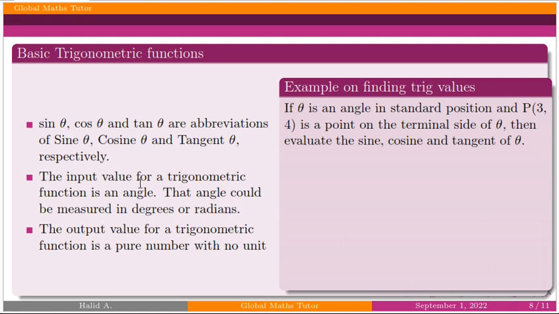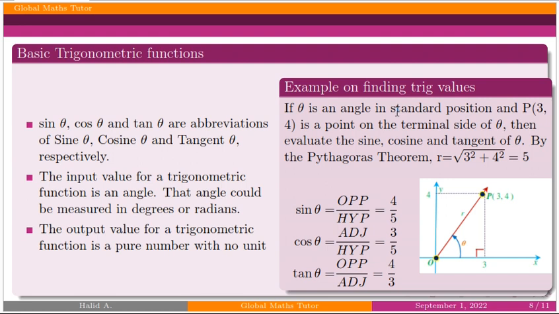Let's do some examples. For example, if P is the point (3,4), which is in standard position, let's find sine, cosine, and tangent of this. First, draw this point (3,4). Since it is in standard position, it has an origin of (0,0), and its initial side is the positive x-axis. After drawing this right angle triangle, using the definitions of the basic trig functions, we can find sine theta, opposite over hypotenuse.